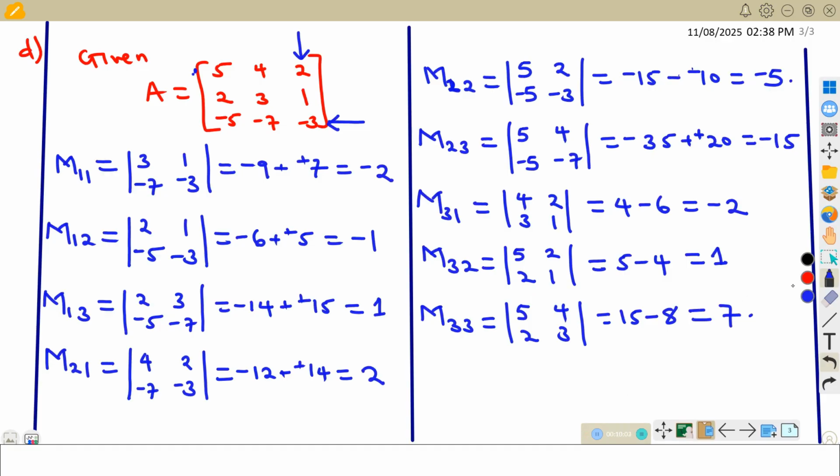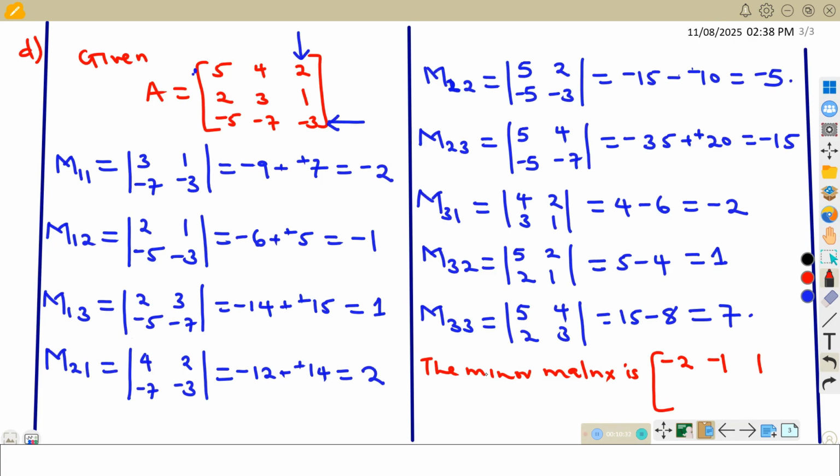So having got the minors, let us now get the minor matrix. M11 is negative 2, so this will be negative 2. M12 is negative 1, and then positive 1, that is M13.